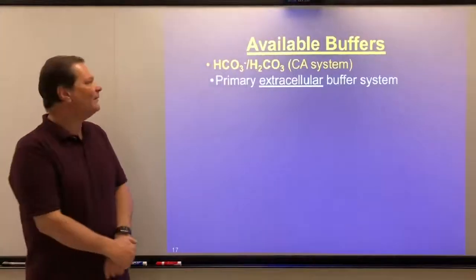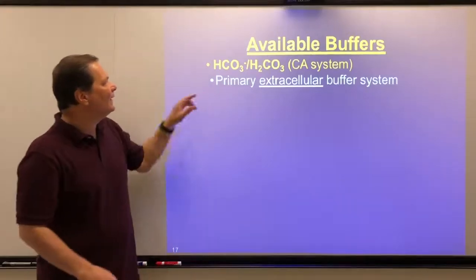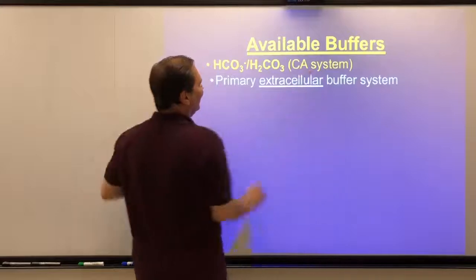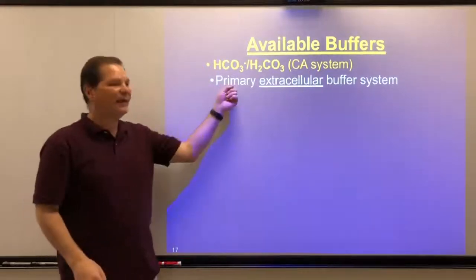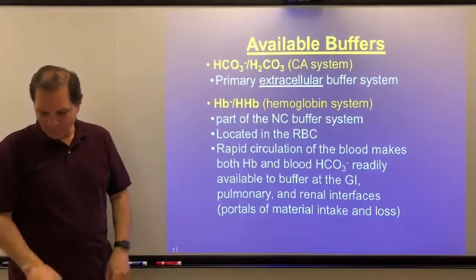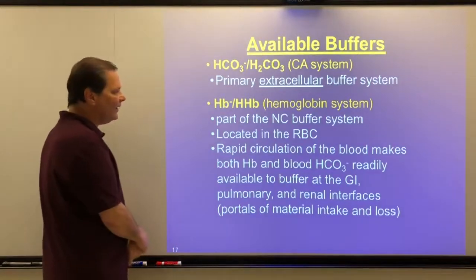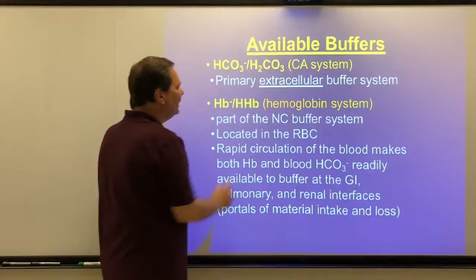So some available buffers, the primary one is bicarb associated with the carbonic acid system. This is a plasma buffer, okay? A close second to that in terms of its impact on the system is hemoglobin.